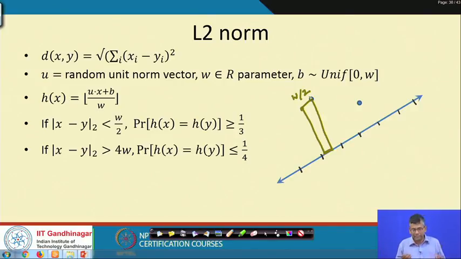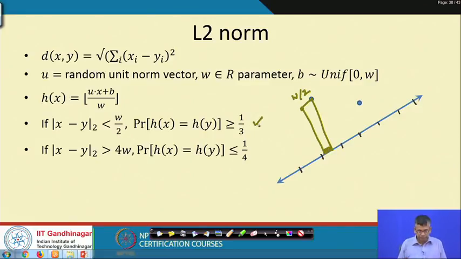So, the only way they could fall in different partitions is because of the random shift, and the probability of that is fairly small. You can bound the probability that if the random shift b is less than, let us say, 1/3, then they will fall in the same bucket in some sense.